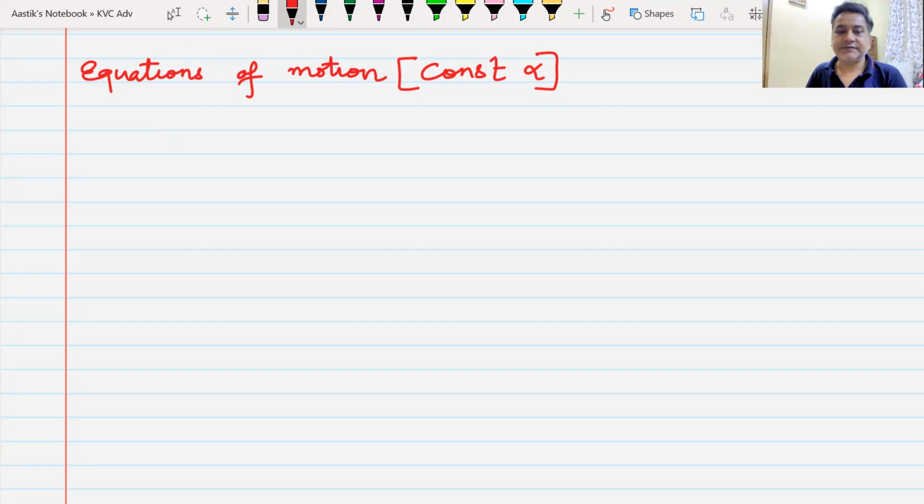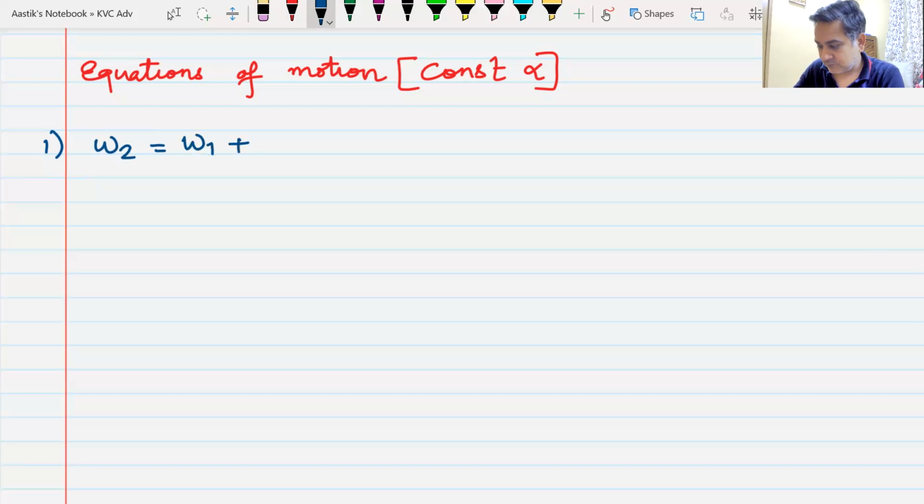What is the first equation? First equation of motion for constant angular acceleration: omega 2 is equal to omega 1 plus alpha t.